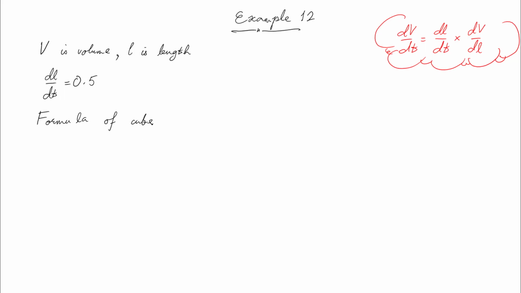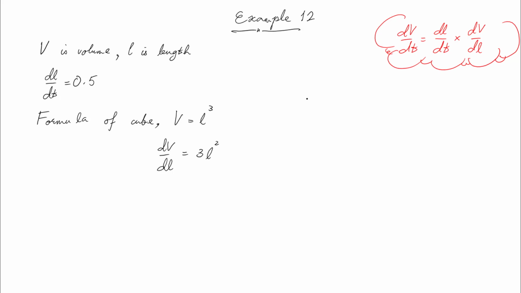As I mentioned before, we need to provide you with this formula, otherwise it's a technical error in the question. You don't have to memorize the formulas of a lot of things here. So the formula of a cube is V equals L cube. Differentiating V, dV over dl is 3L square.